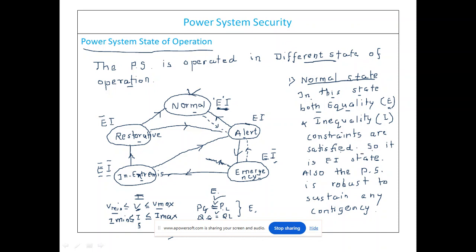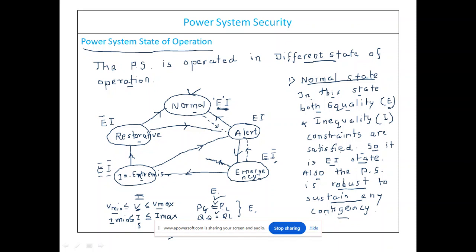So this state is also called the EI state. Along with both equality and inequality constraints, the power system is also robust to sustain any contingencies. We will see in the next video what we mean by contingency.